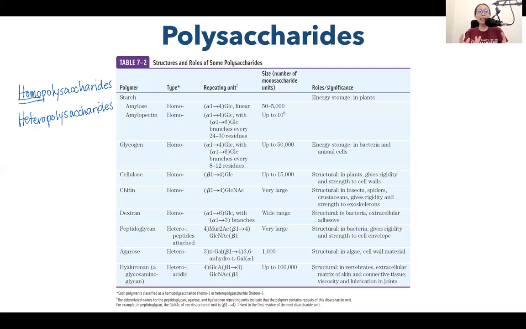So this adds another dimension of variety to your polysaccharides. And I think this level of variety is higher than that of what we've seen in your proteins and your nucleic acids.